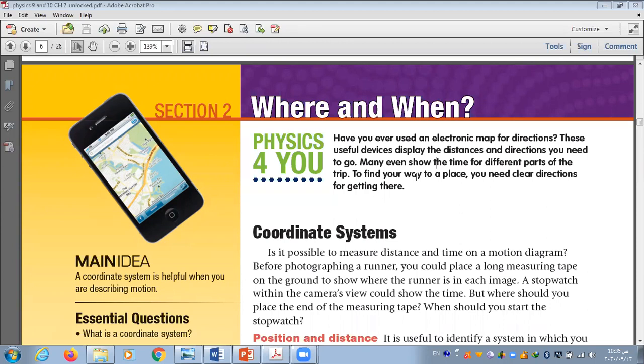What are the two variables that we can use to identify the motion of an object? Position and distance. No. Time. Excellent. Position and time.